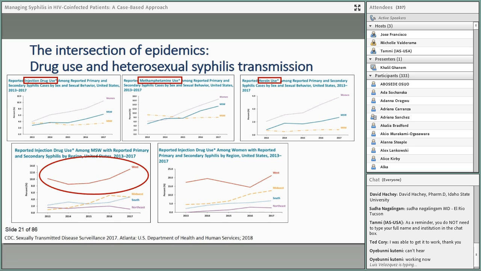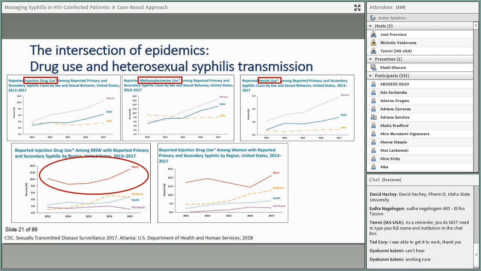And just between 2017 and 2018, a 30% increase among women. That is horrifying on so many levels, and it suggests that right now we have 2 epidemics, one amongst MSM and one amongst heterosexuals. So we need to be aware of that in order to screen appropriately and manage these patients appropriately.